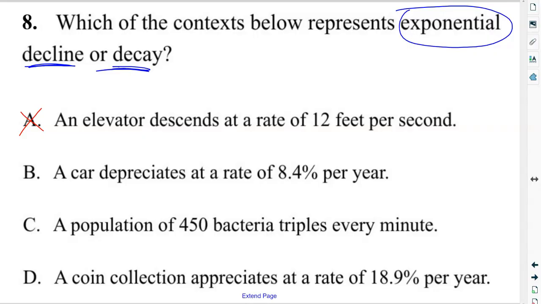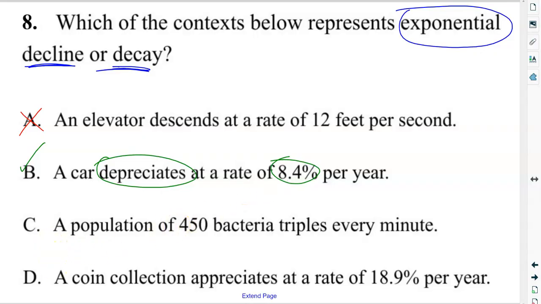So that doesn't work. A car depreciates at a rate of 8.4% per year. You would convert it to a decimal, right? And then subtract it from 1. It's going to depreciate. So this one would be yes, because it depreciates at 8.4%. That lets us know it's exponential and it's going down.